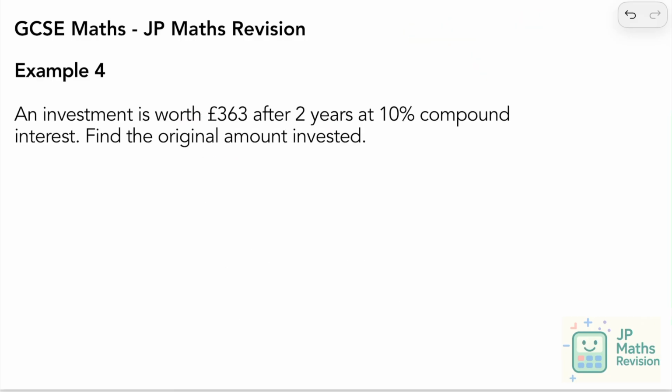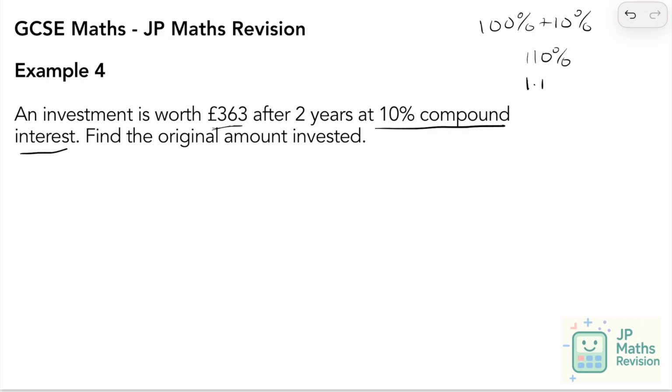Here's another example. So this time it says an investment is worth £363 after 2 years at 10% compound interest. Find the original amount it was invested. So this time it's telling us the final amount and we need to work out the original amount. If it was 2 years at 10% compound interest, the decimal multiplier is going to be 100% plus 10%, which is 110%. So 110% as a decimal is going to be 1.1.